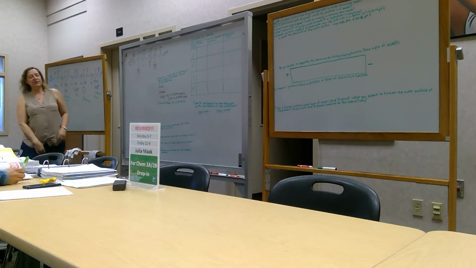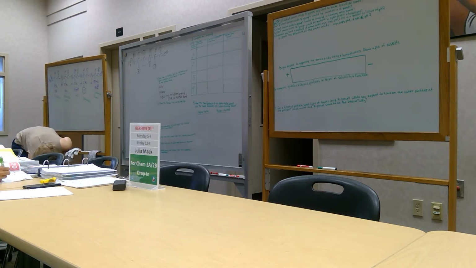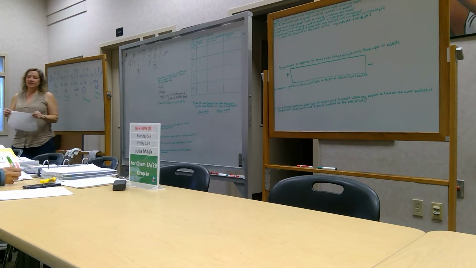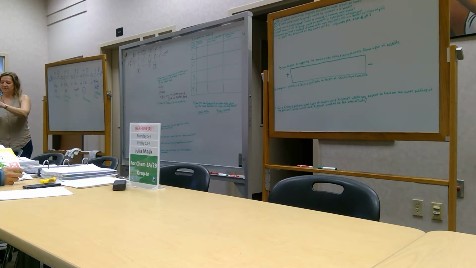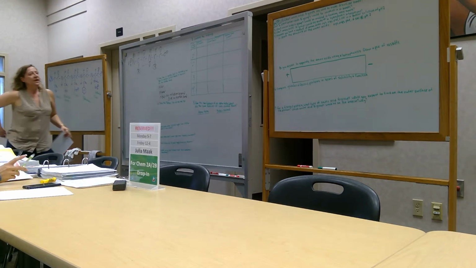We're going to do the beta pleated sheet. I can't do the alpha helix because I can't make an alpha helix out of a piece of paper. We'll talk about the alpha, I just can't give you the visual.